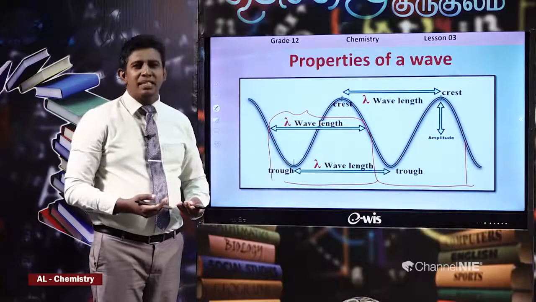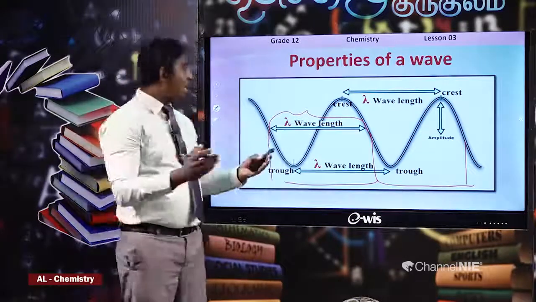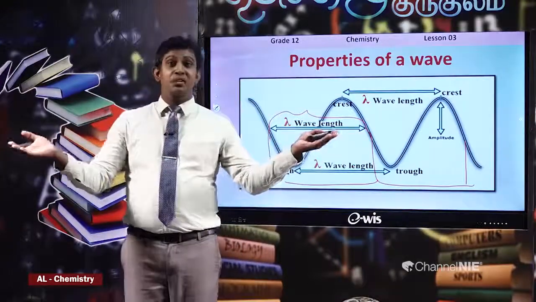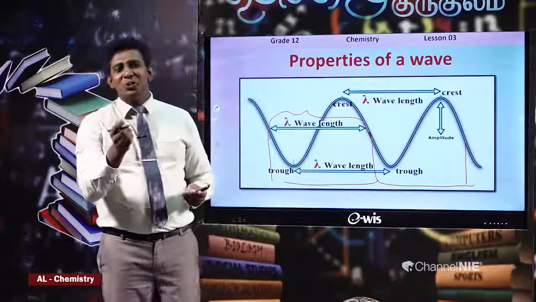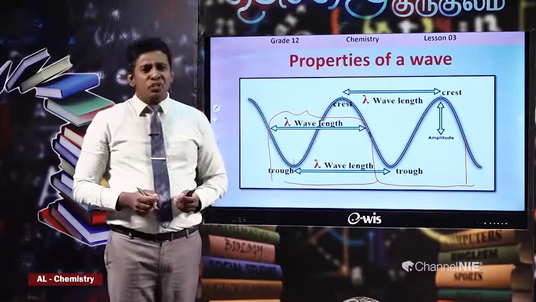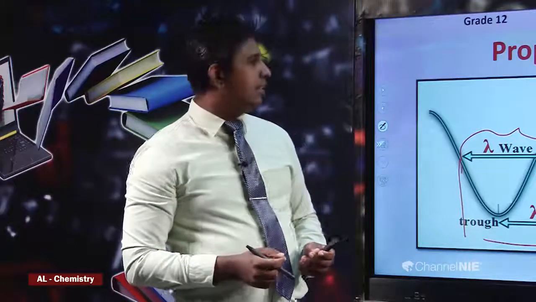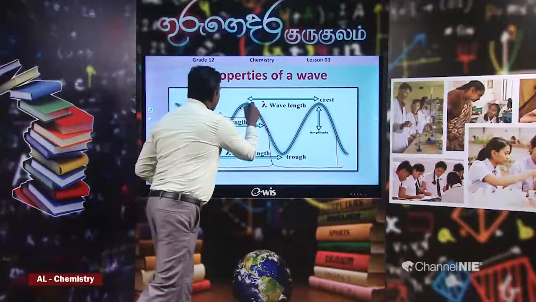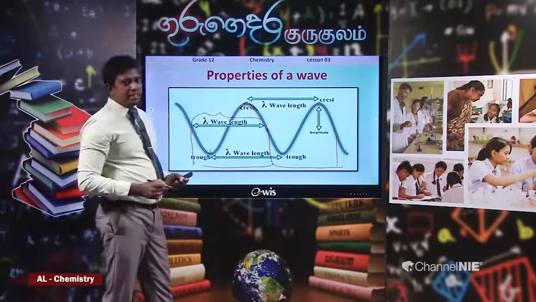How would you measure that? Could you use a ruler to bring here? You cannot physically find this kind of wave. So, could you use a ruler to measure the length of a wave? No, you can't. Students, in that aspect, you could do something like this. This is the maximum height, we call it the crest.